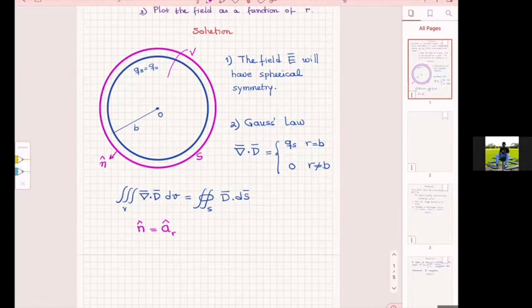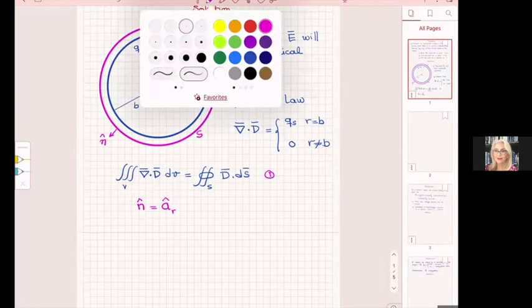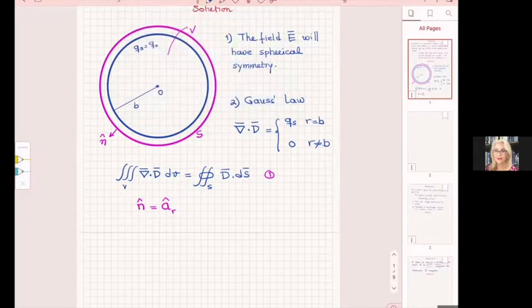Okay. So now I go to equation one, and I'm rewriting it. First of all, what I realized is that the volume encloses the whole charge.